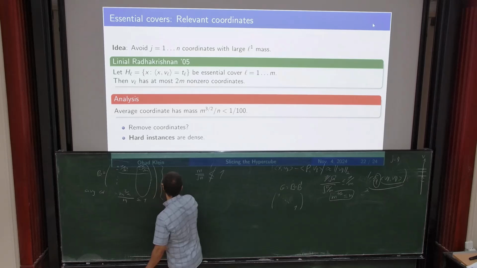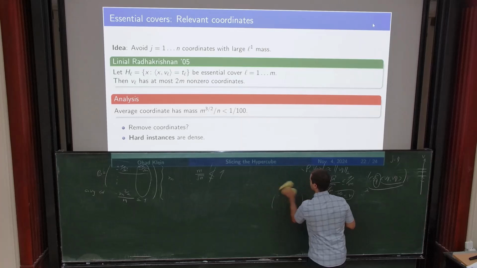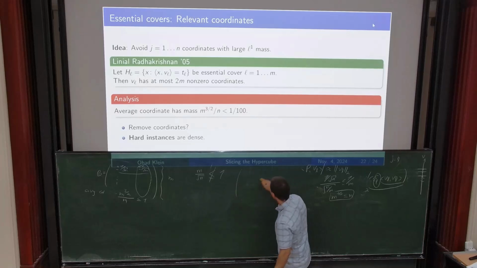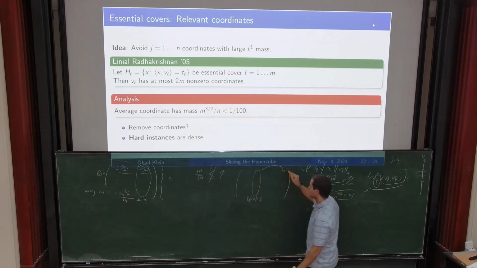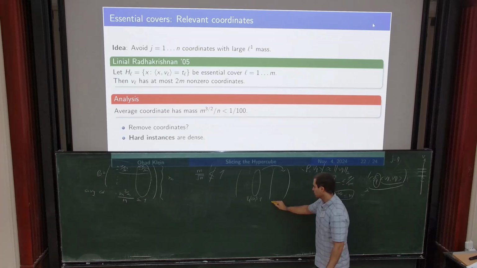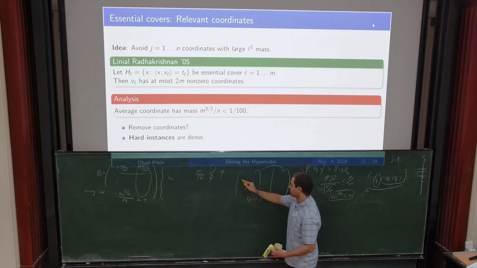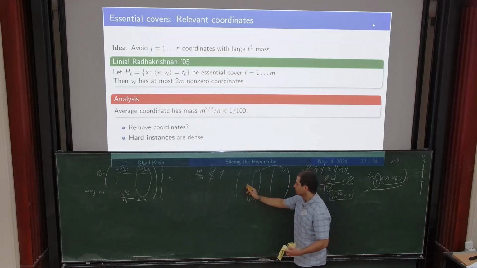What they do is something specific about this problem, where they take a column with large L1 norm and move it to the bad columns section. And now, using that we are talking about essential covers, we are going to have some non-zero coefficients in the good part of coordinates.